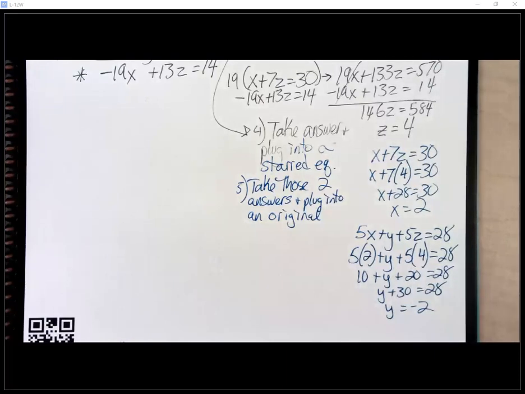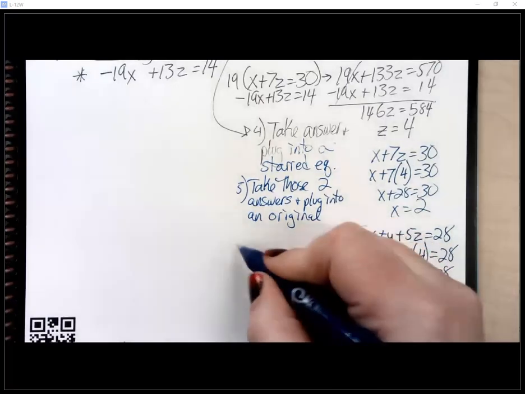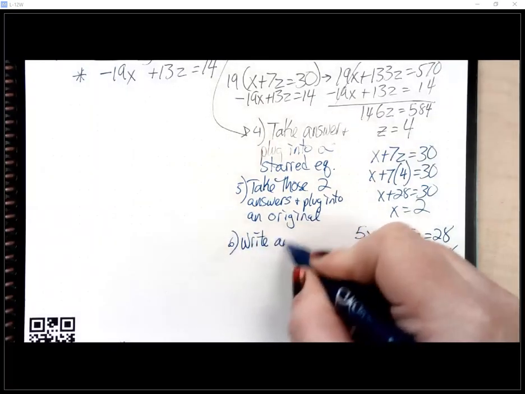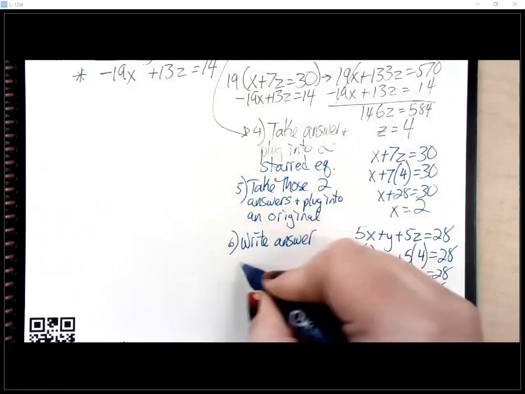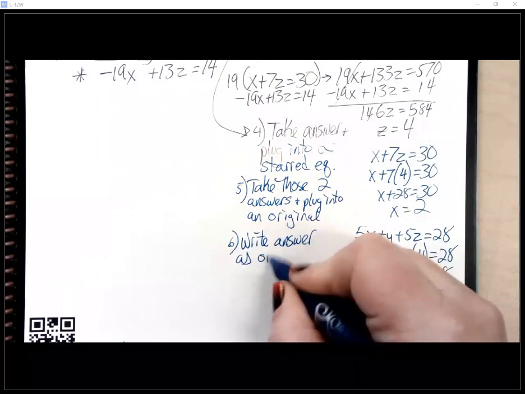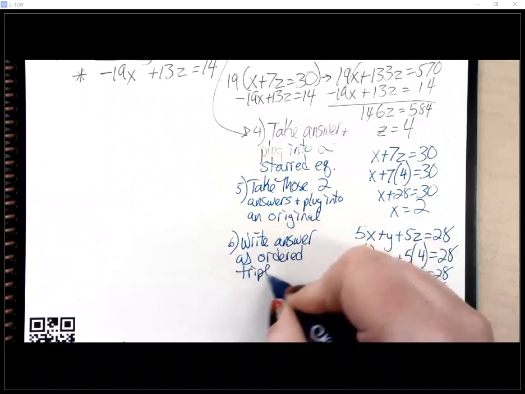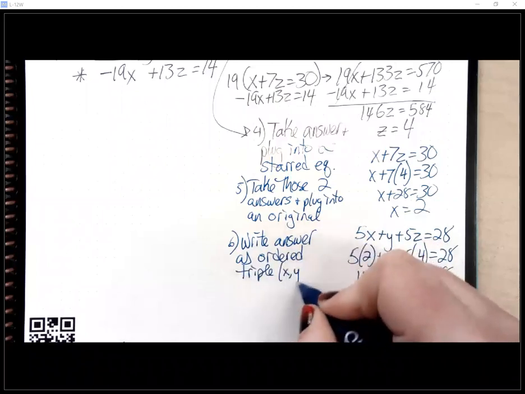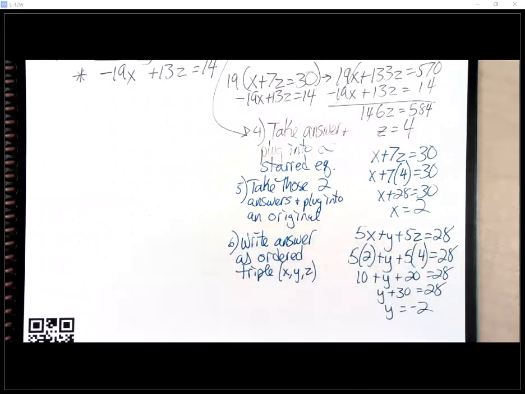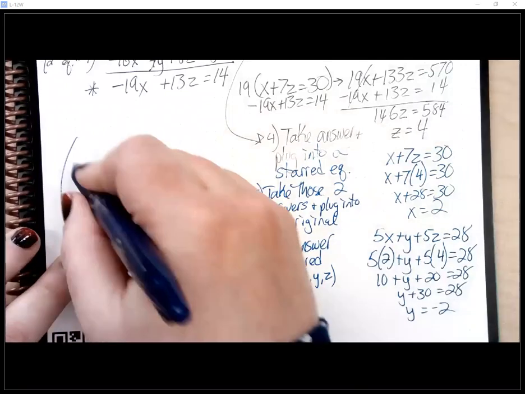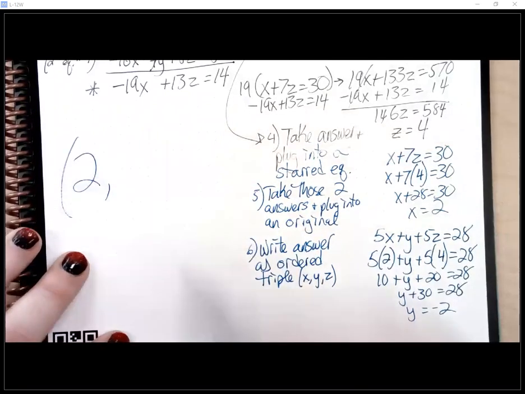Write answer as an ordered triple. So for us, the final answer is X was 2, Y was -2, and Z was 4.